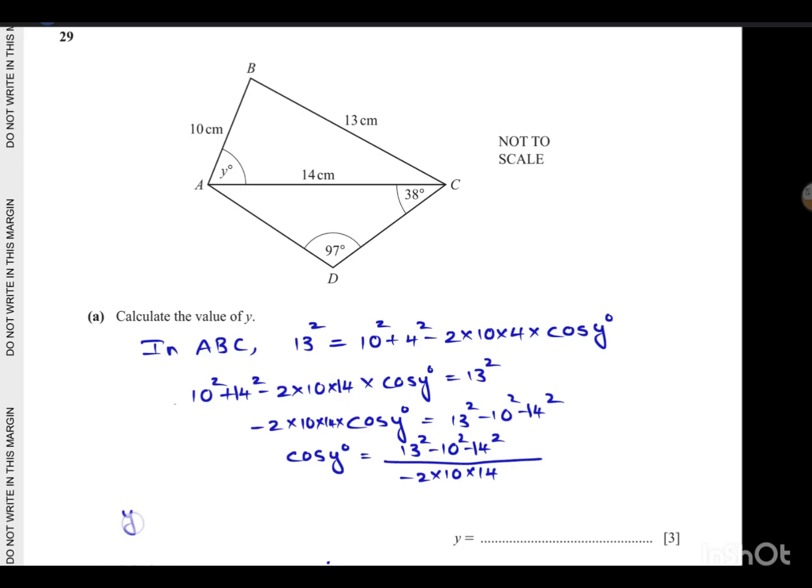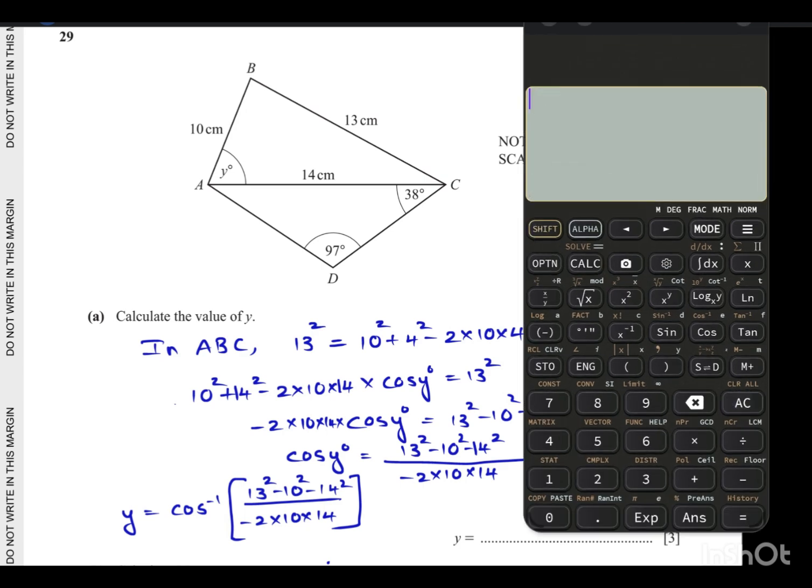Next, if I want y, I will just do cos inverse of, put everything in the bracket, 13 square minus 10 square minus 14 square by minus 2 into 10 into 14. Find out using calculator.